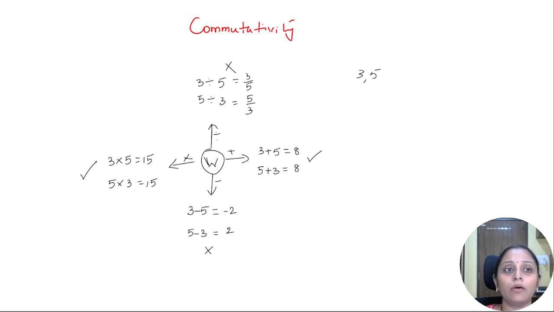Okay. Now we will look at the set of integers. So we are looking at the commutativity of integers, right?